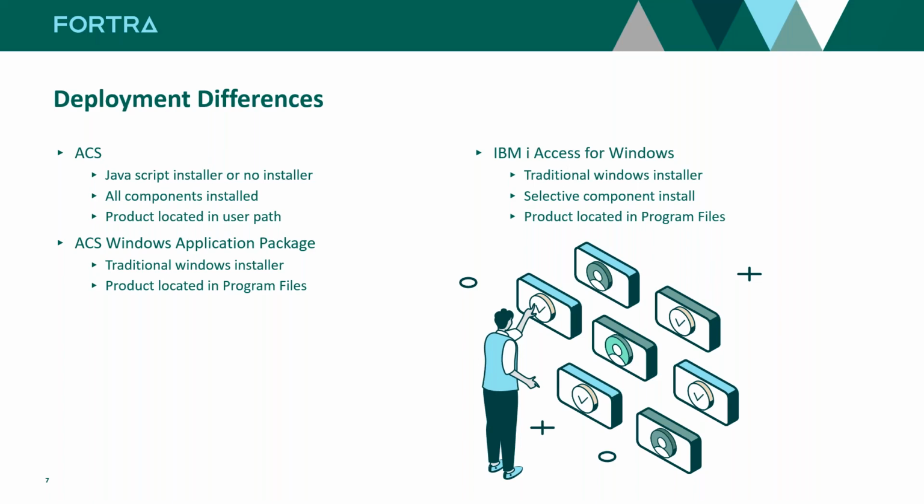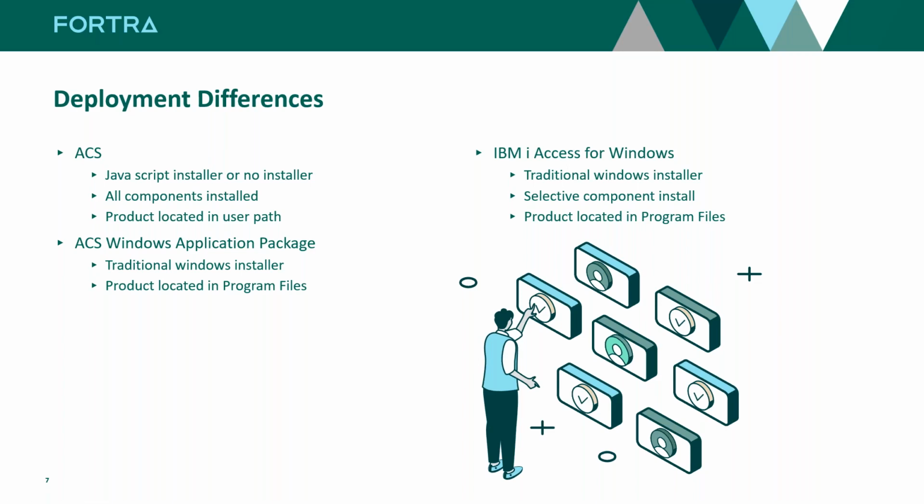In contrast, you can use the JavaScript installer for ACS, which is different than the Access for Windows, or you can use no installer at all. In fact, you can just unzip the file that comes from IBM and go in and either launch the ACS bundle.jar file or go launch the ACS launch Windows executable, and there's no install required whatsoever.